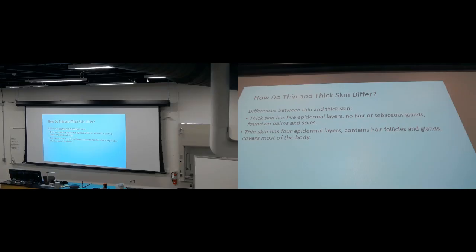So we have two categories of skin, thin and thick skin. They vary in number of layers. In the thin skin, we have 4 layers. In the thick skin, we have 5 layers.